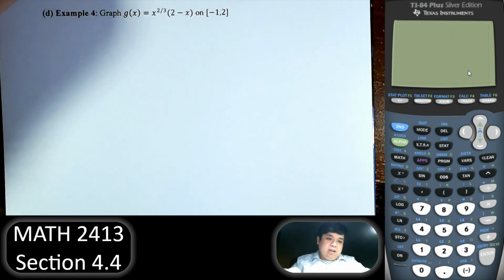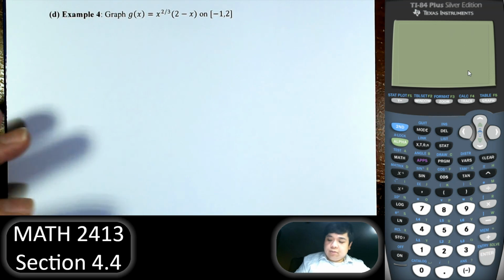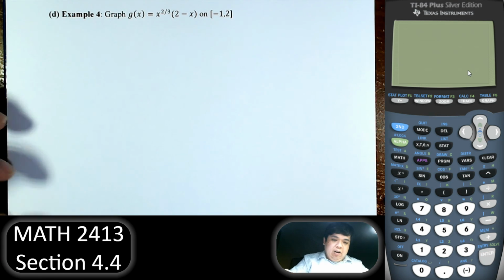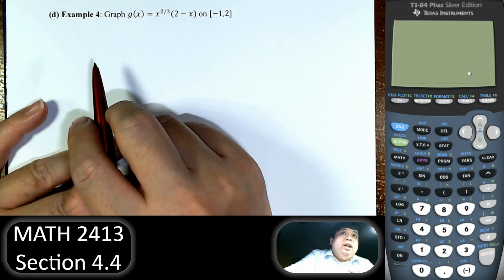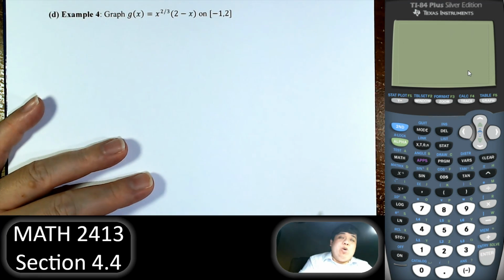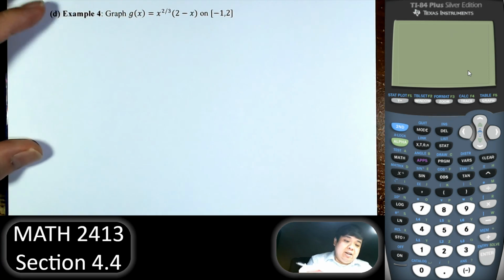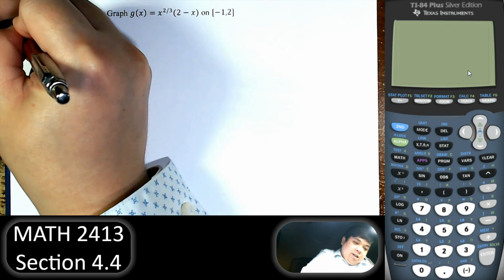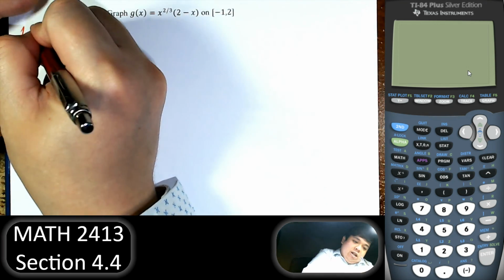Now let's graph this. On this one, we already graph on -1 to 2, so we are given the domain, and we have to be mindful of that. First, let's do the first derivative.